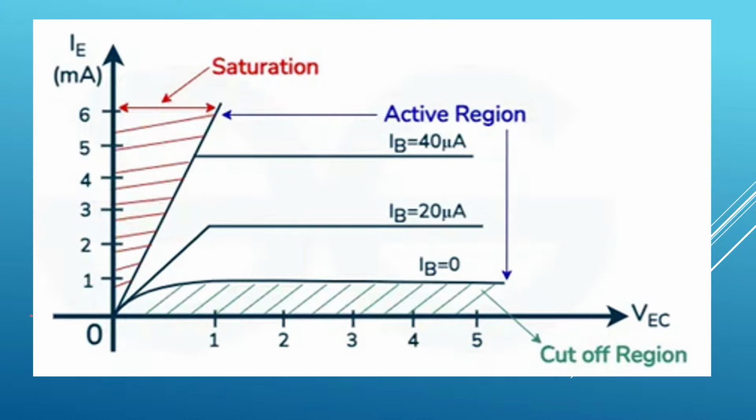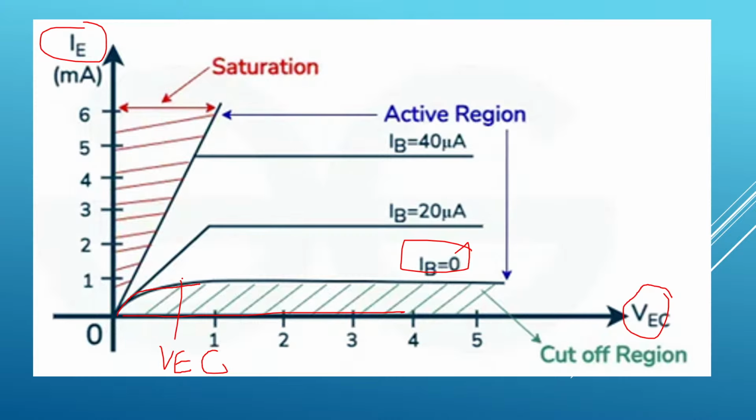So these are the characteristics. You can see this is VCE, this is IE. When IB is 0, as VCE increases gradually, IE also increases for low values of VCE.